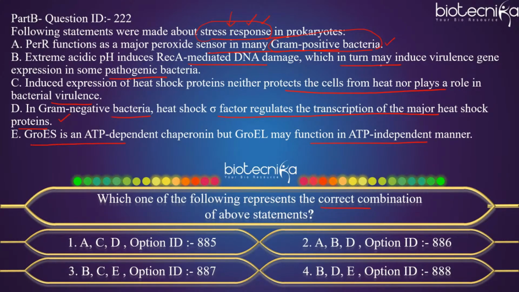Clear? Now B, extreme acidic pH induces RecA mediated DNA damage, which in turn may induce virulence gene expression in some pathogenic bacteria. Again, this option is correct. In macrophages, if they take up the pathogen, there is extreme acidic pH, so it will induce RecA mediated DNA damage, which leads to the expression of virulence genes in the pathogen.